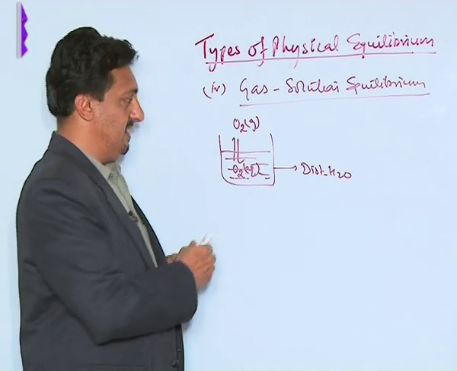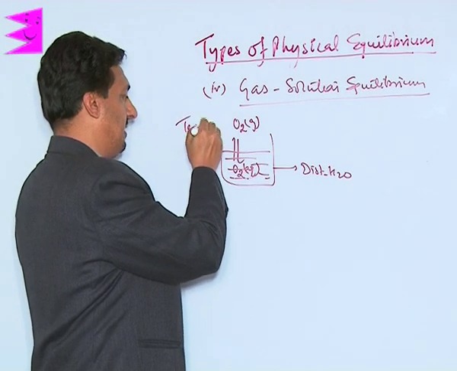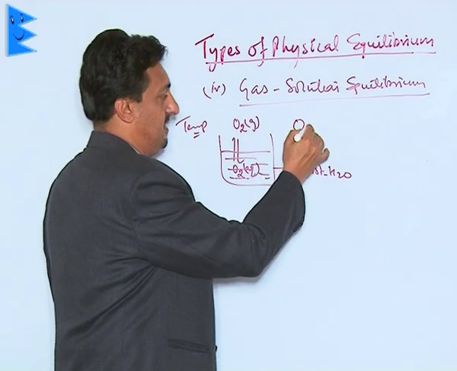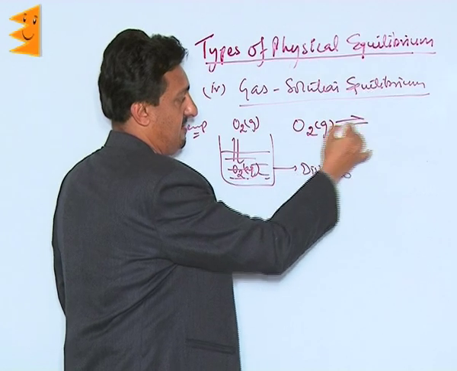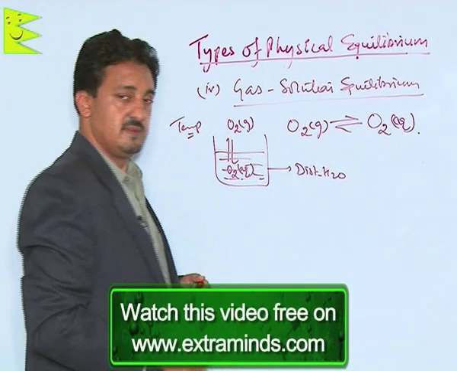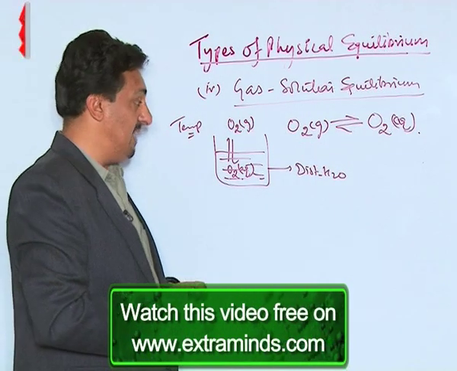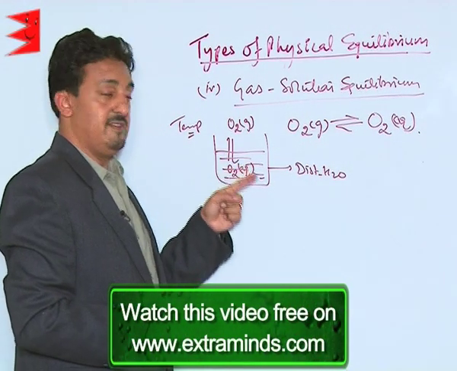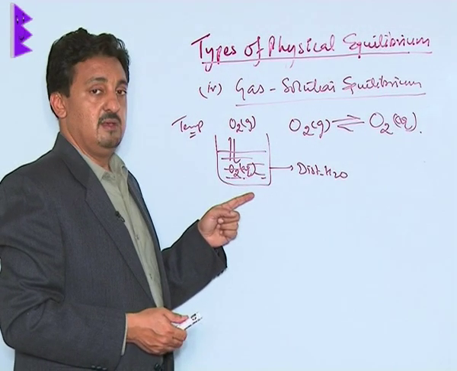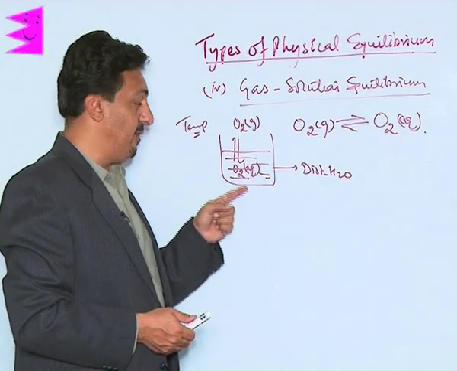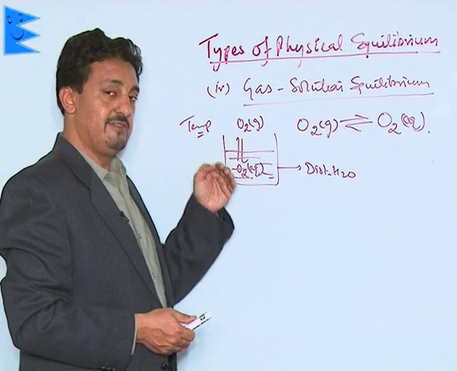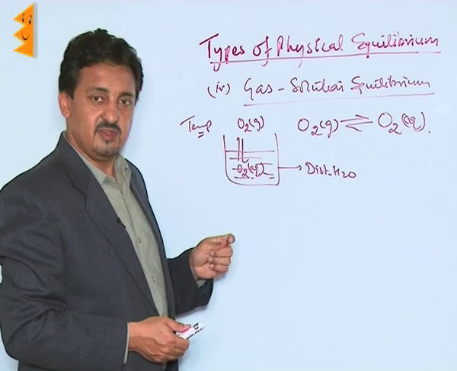This is again at a particular temperature, and it is represented by oxygen gas in equilibrium with oxygen aqueous. See, this is the same equilibrium which is responsible for the existence of oxygen in the water, and which supports all your aquatic and marine life, because the oxygen is continuously being dissolved from the normal atmosphere.